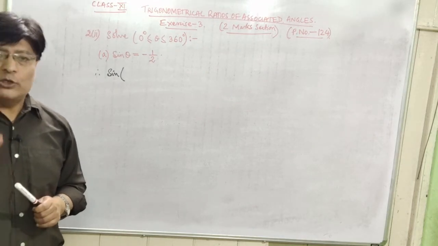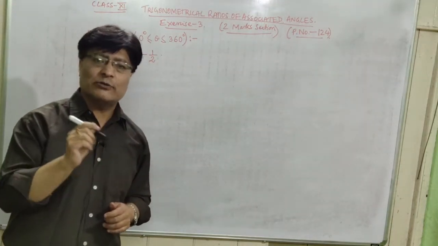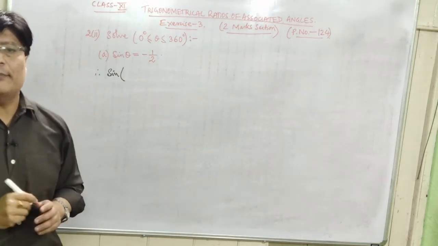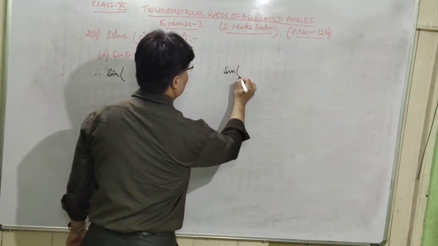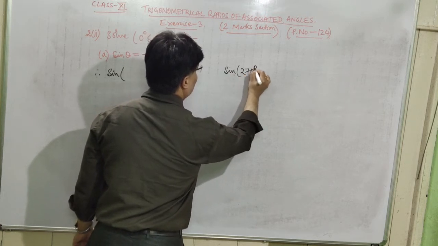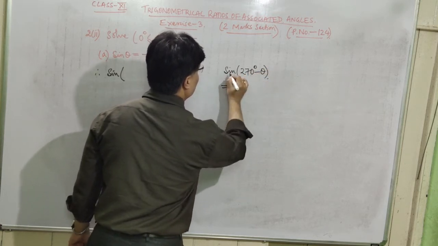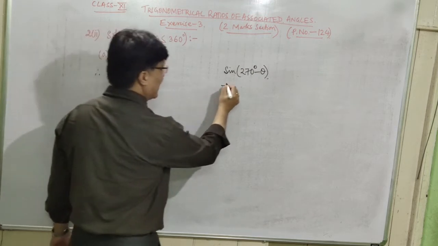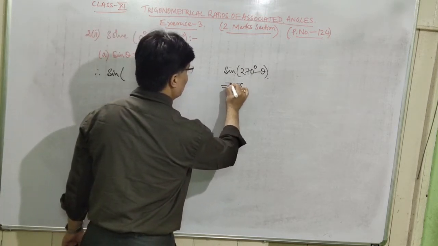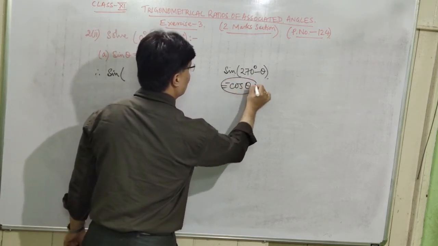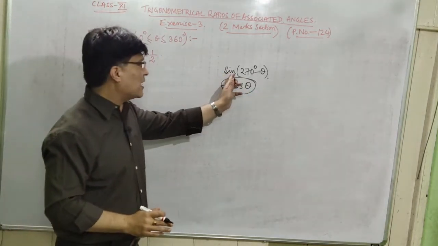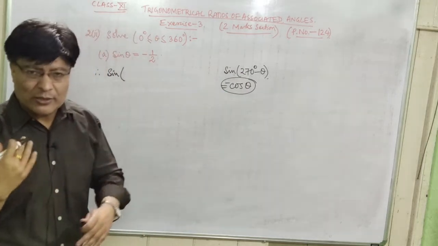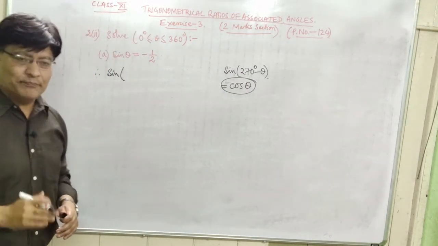So why can't you write sine 270 minus theta? If you write sine 270 degree minus theta, then this trigonometrical ratio will change. That is, it will be minus cos theta, and the value for sine 270 minus theta will also change. Is that clear?